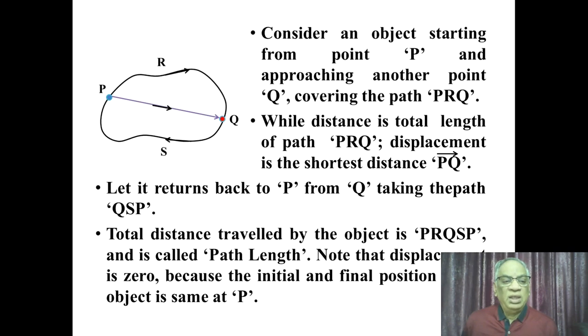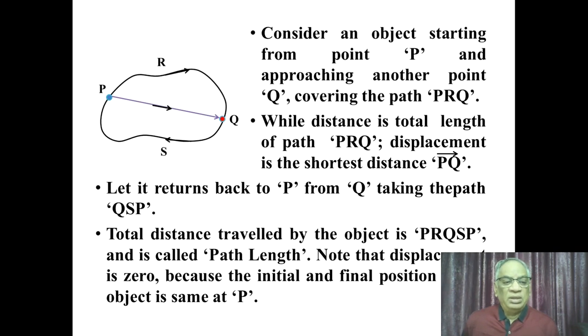So distance means you have to measure all the curved path as indicated as PRQ, but the displacement is indicated by the vector form PQ, that is the shortest distance, PQ direct, that is the displacement.